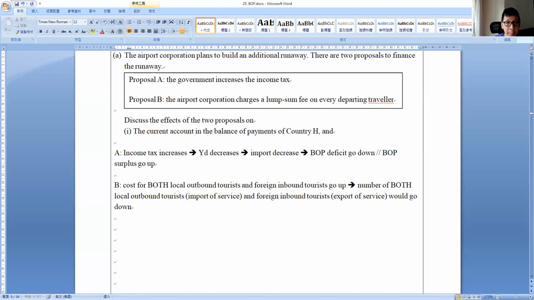So both import and export will go down. So the effects on BOP will be uncertain.